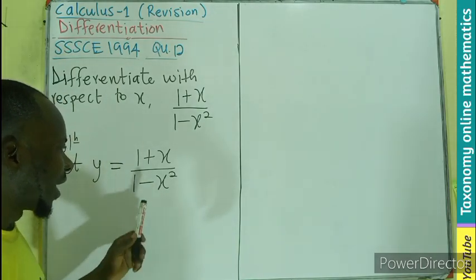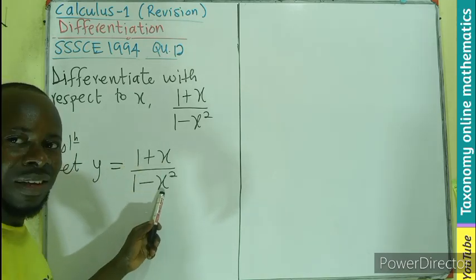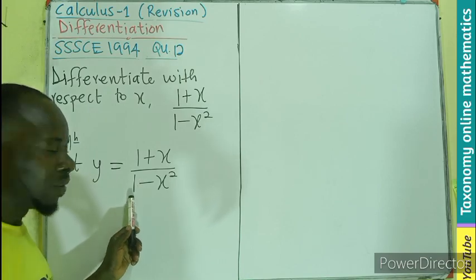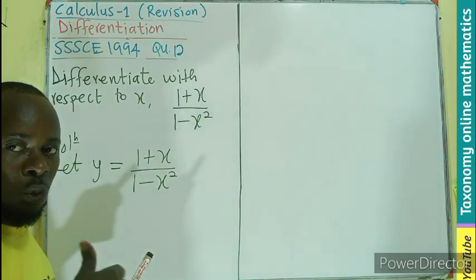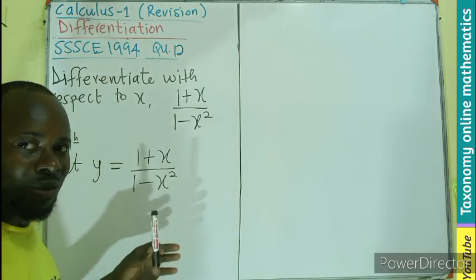But first of all, let's check. We see 1 plus x, and 1 minus x squared. 1 can also be a square: 1 squared gives us 1, and x squared gives us a difference of two squares.